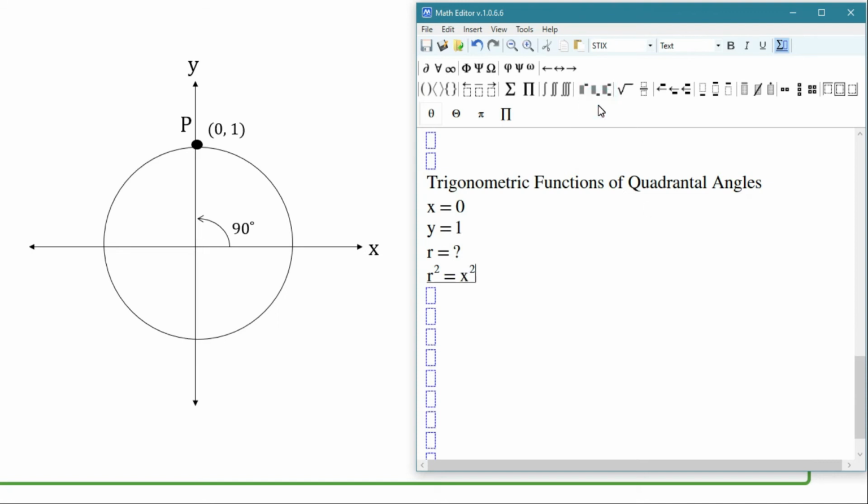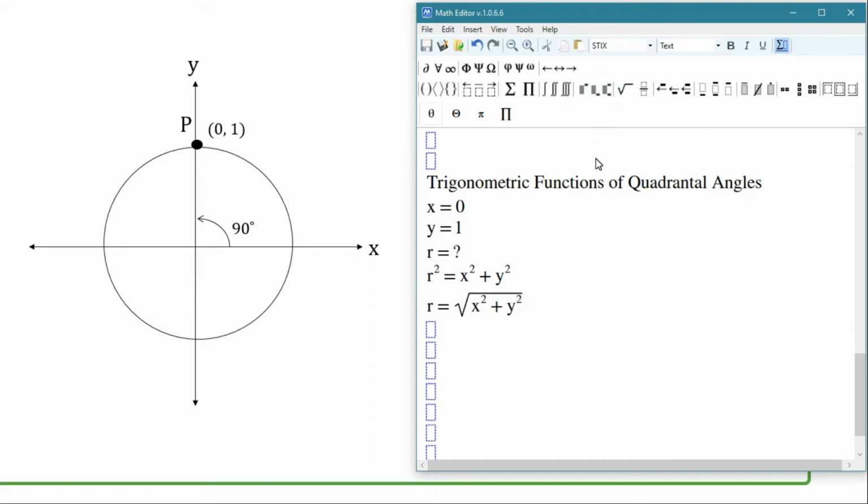So that would be r squared equals x squared plus y squared. Since we are just after the measure of r, then we can extract the root of both sides. In finding r, that would be the square root of x squared plus y squared.